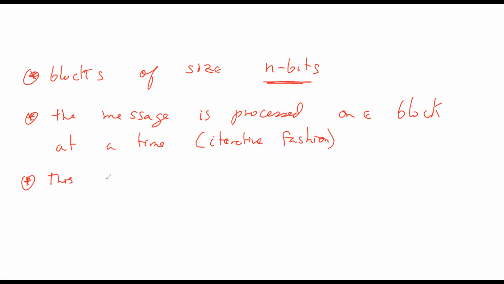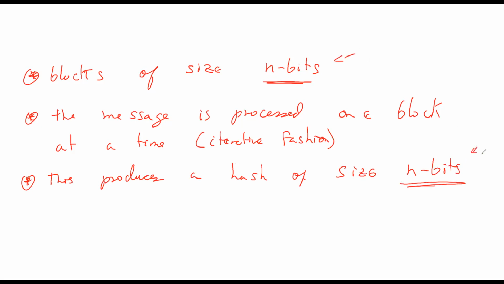This produces a hash of size n in bits, which is the same size as the previous one. So notice they're the same size.